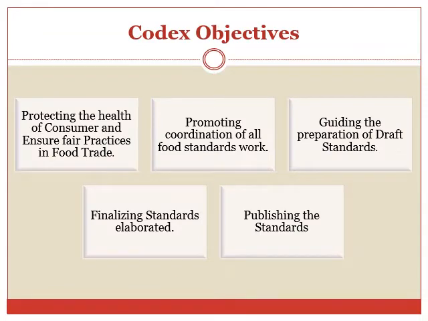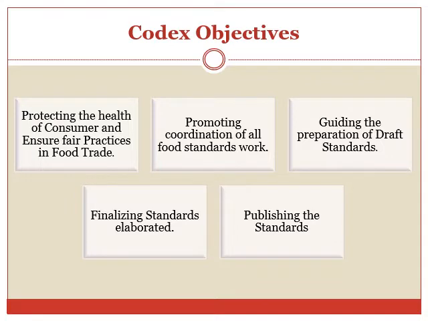Let's move to the objectives of Codex Alimentarius. The first and foremost objective is protecting the health of the consumer and ensuring fair practice in the food trade, and promoting coordination of all the food standard work undertaken by IGOs and NGOs.